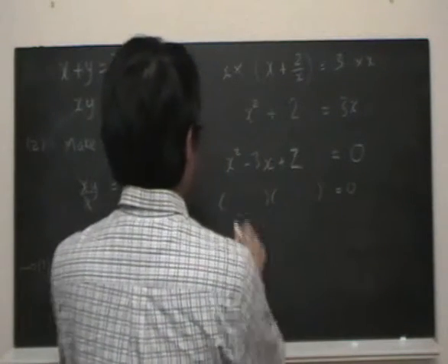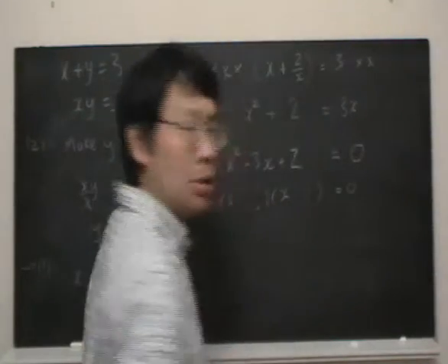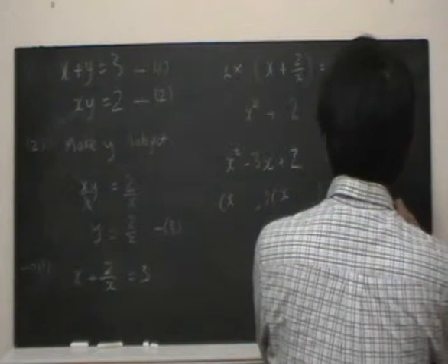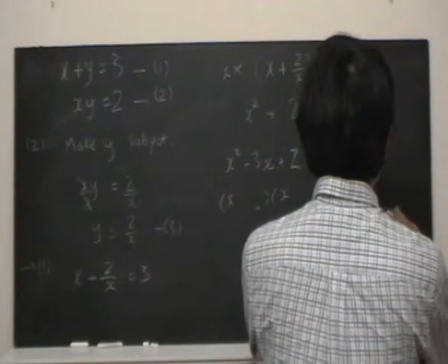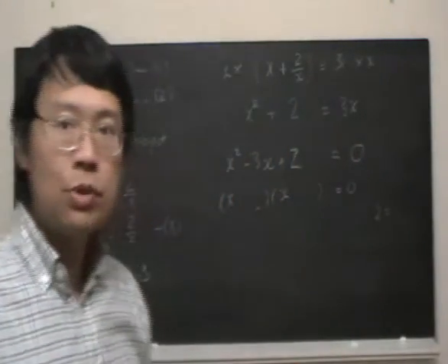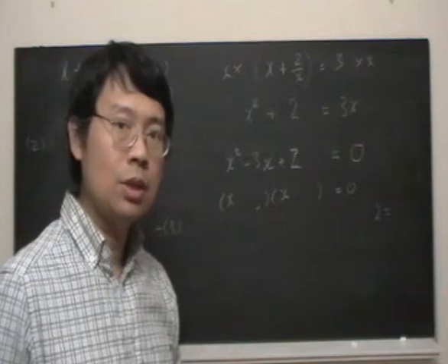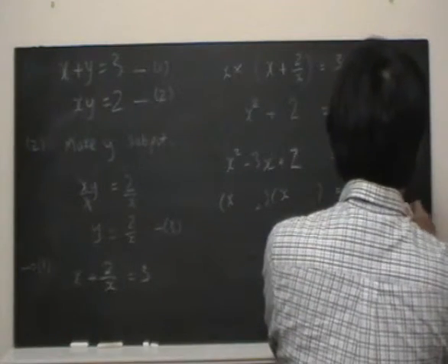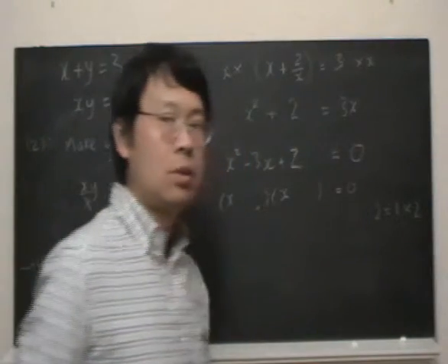Zero on that side, so we have an x there and an x there, and there are 2 numbers that we need to find. So let me write down the possible factors for 2. So 2 can be just 1 times 2. That's simple enough.